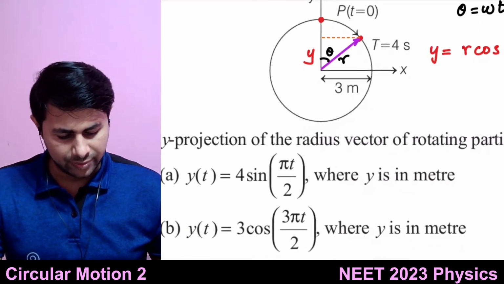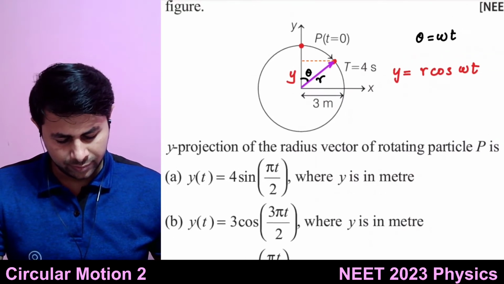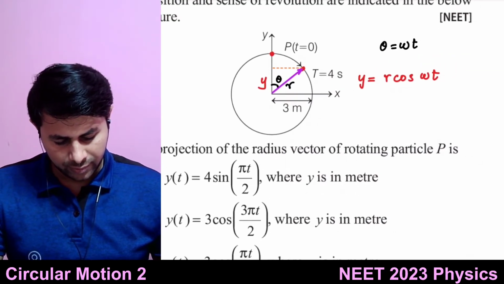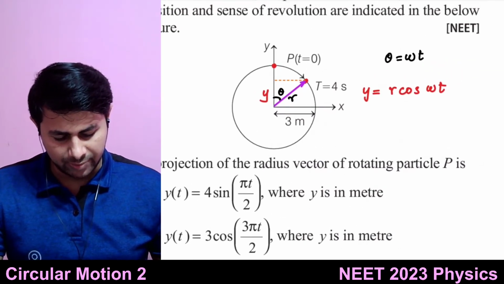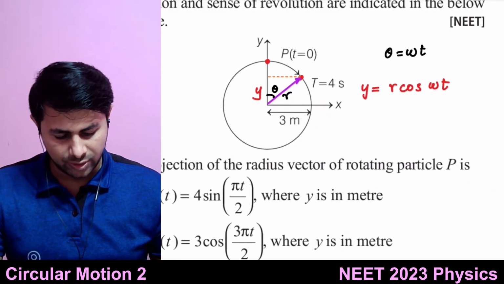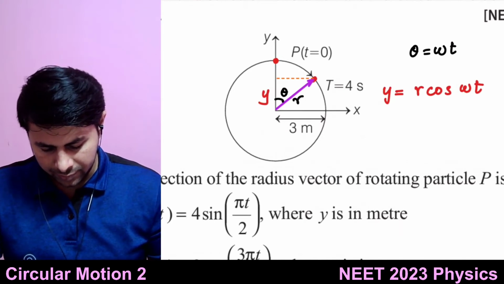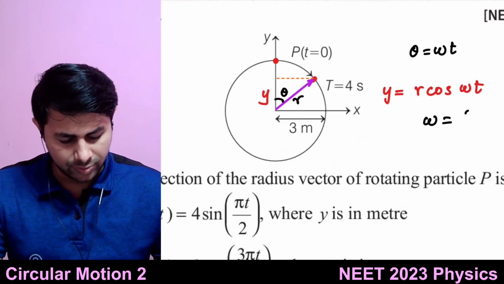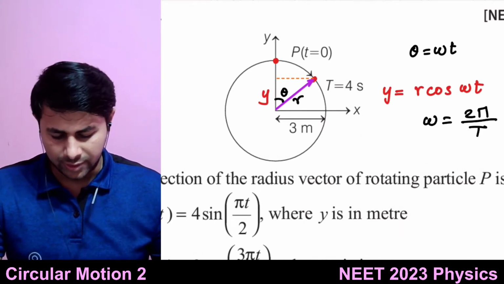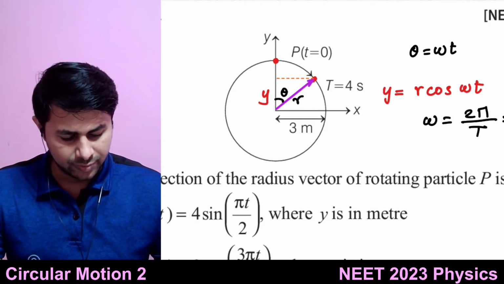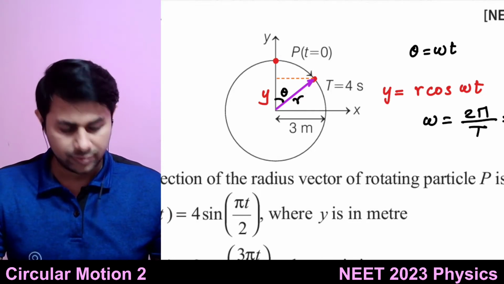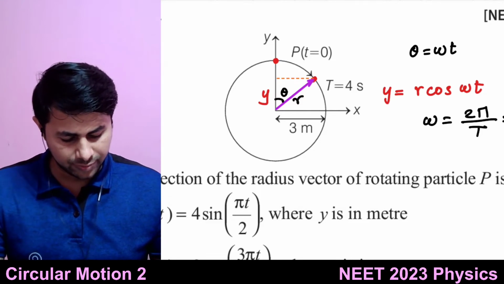So now tell me. Its time period is given. Time period is equal to 4 seconds. So how much would be omega? Omega is equal to 2 pi by T, right? So it is 2 pi by 4, so it is pi by 2.